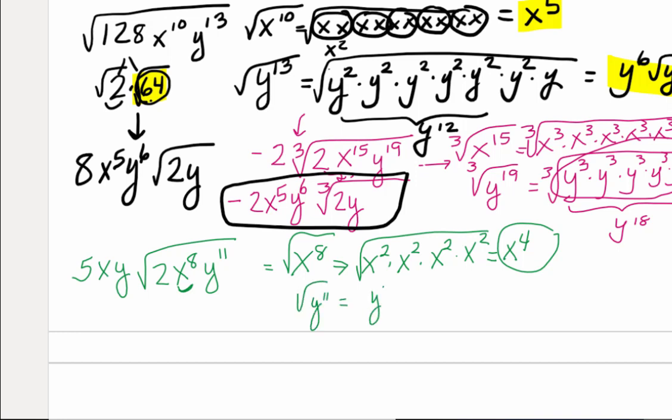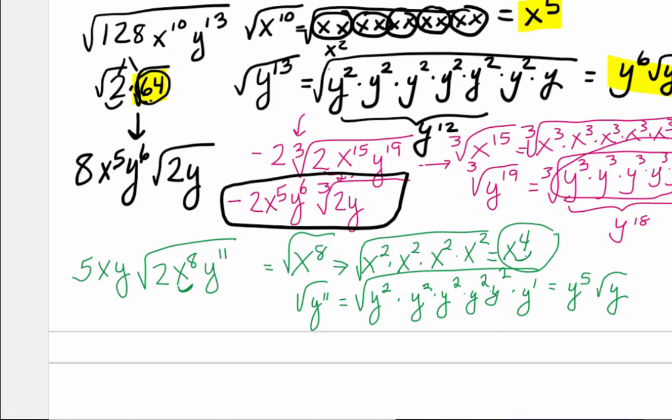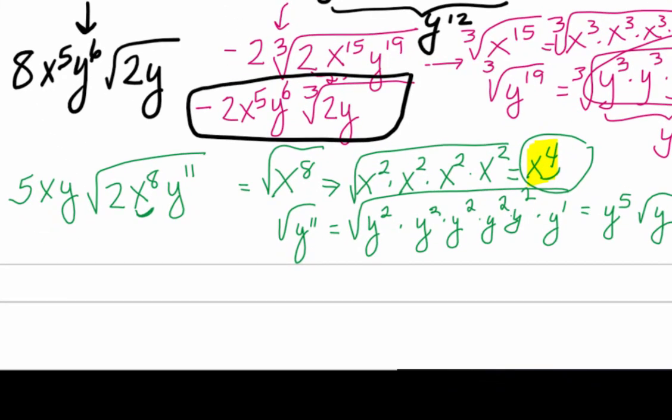The square root of y to the 11th. How many y squares can we make out of y to the 11th? If you said 5, you're right, with the extra y, right? Because 5 y squares is y to the 10th, and then there's an extra y. So the square root of y to the 11th is y to the 5th with an extra y in the radical. So we're going to take the x to the 4th here, and it's going to get multiplied times this x that's out here.